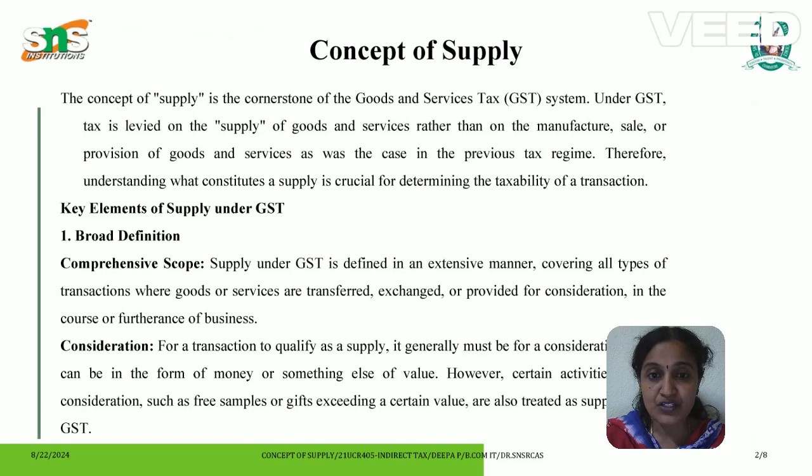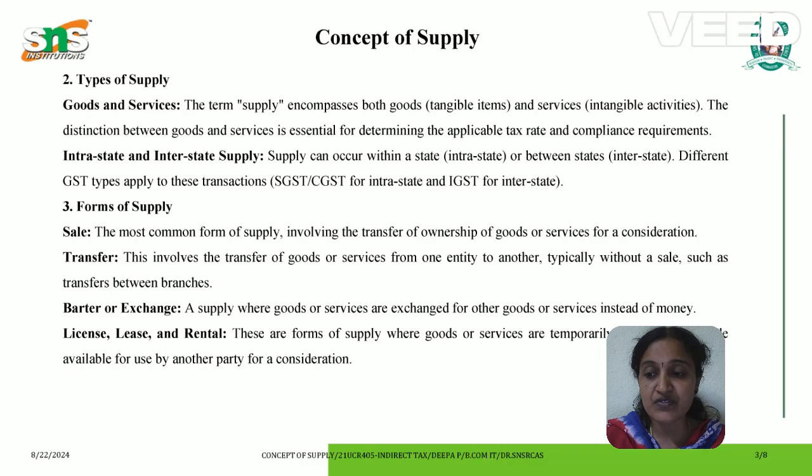Consideration: for a transaction to qualify as a supply, it generally must be for a consideration, which can be in the form of money or something else of value. However, certain activities without consideration, such as free samples or gifts exceeding a certain value, are also treated as supplies under GST.